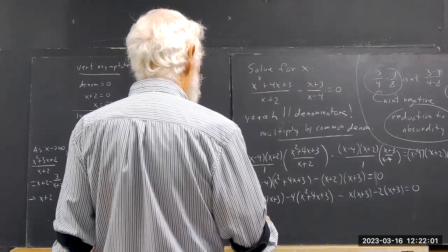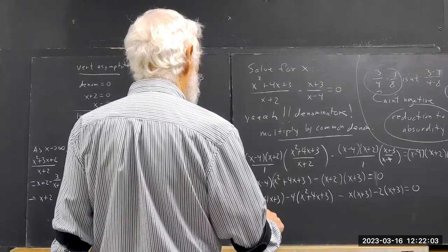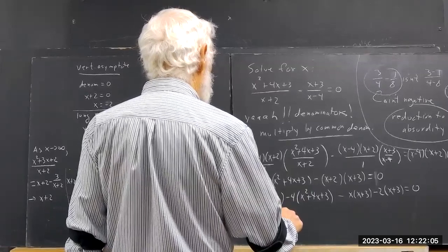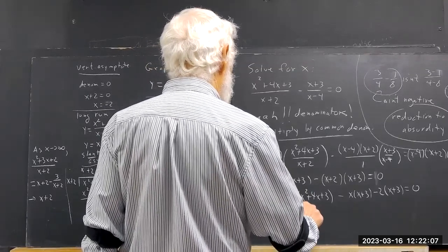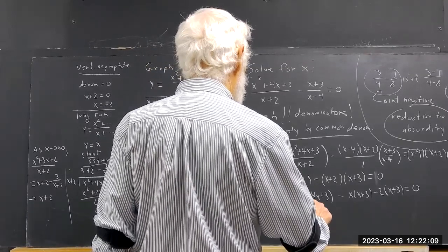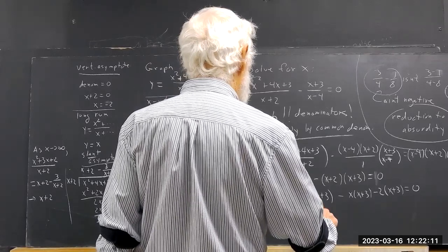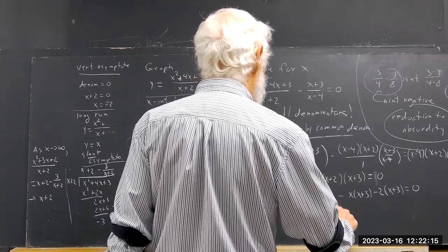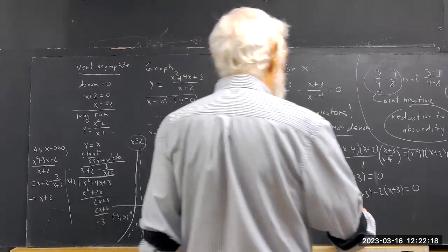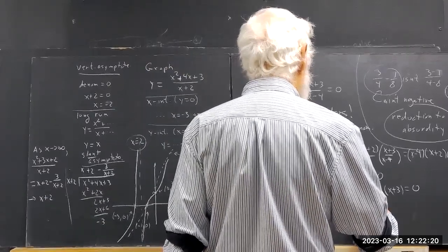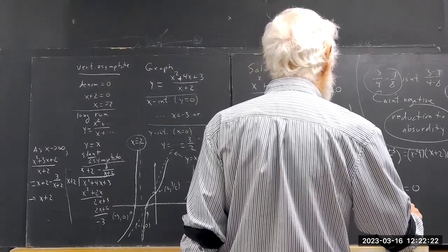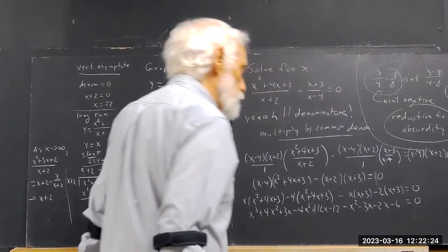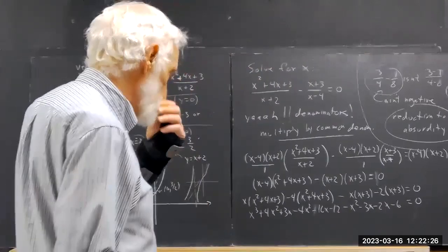Then we multiply through here, and we get x cubed plus 4x squared plus 3x minus 4x squared plus 16x minus 16x minus 12 minus x squared minus 3x minus 2x minus 6 equals 0. I wrote that down kind of clean; I could have done something wrong.